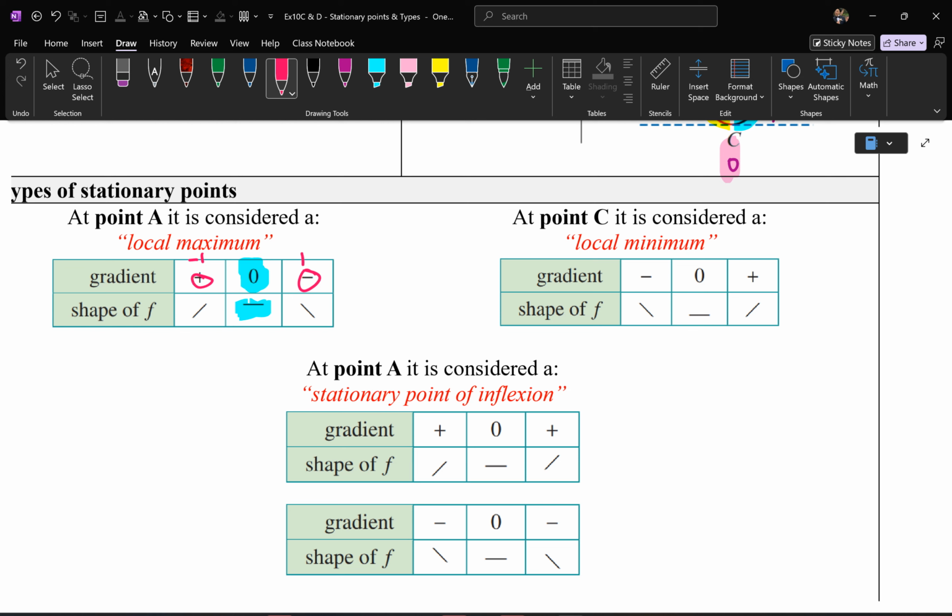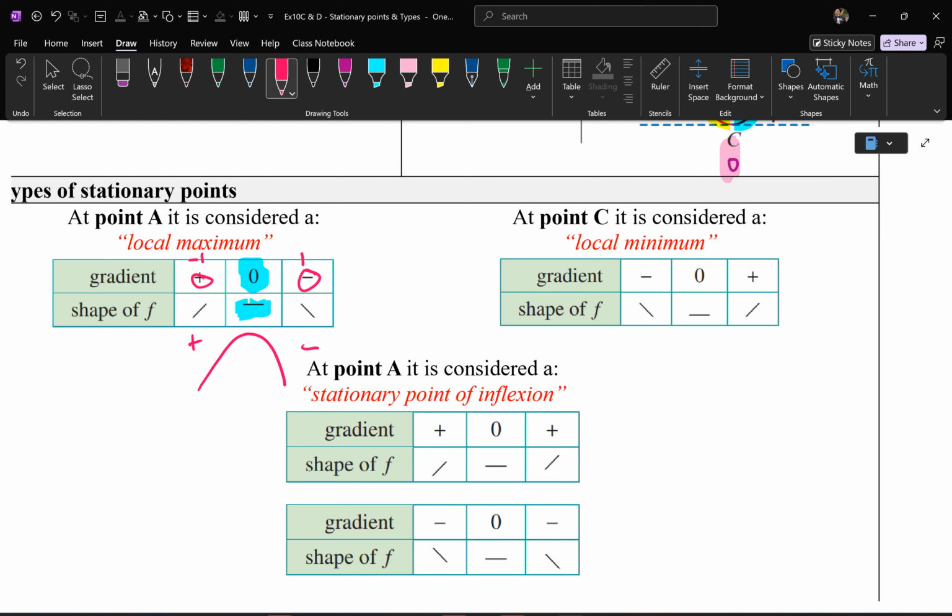Okay, so if it's a justify question, you actually have to sub in what the derivative at x equals -1 is, and what the derivative at x equals 1 is. Then you can say, yes, this is positive, this is negative, therefore you get a local maximum. Okay, assuming that the gradient is positive on the left and negative on the right. So the same thing applies for your local minimum.